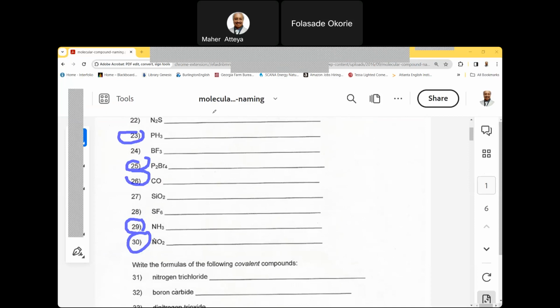Covalent is EH3. Number one, what do you say?